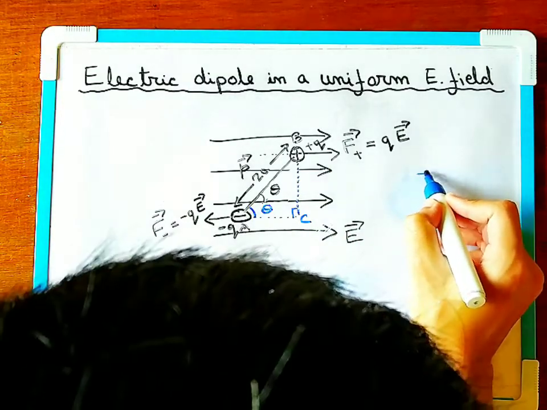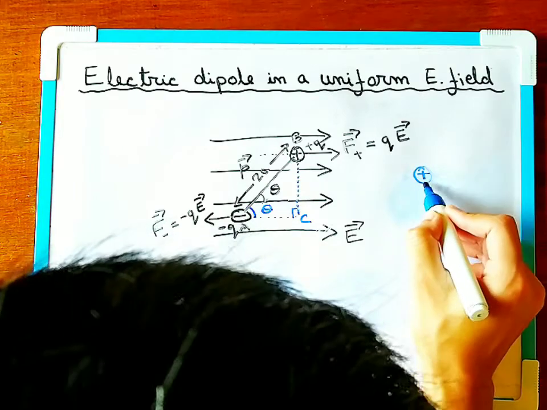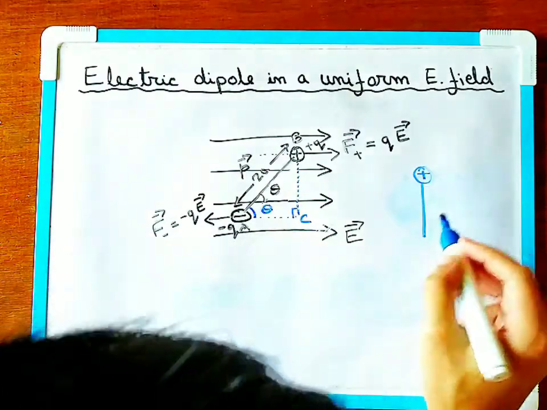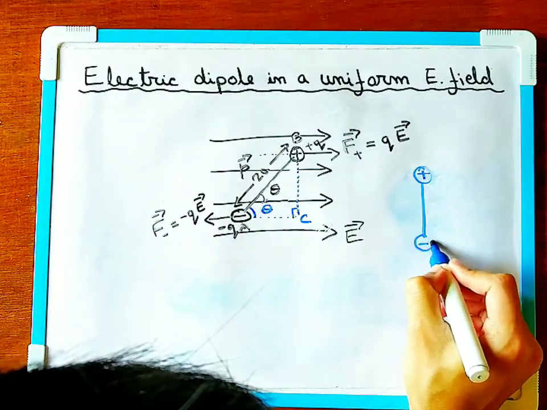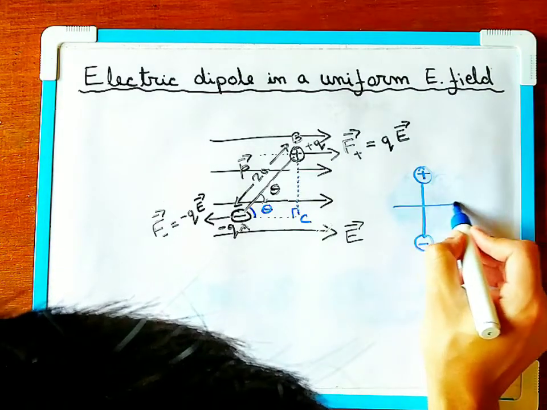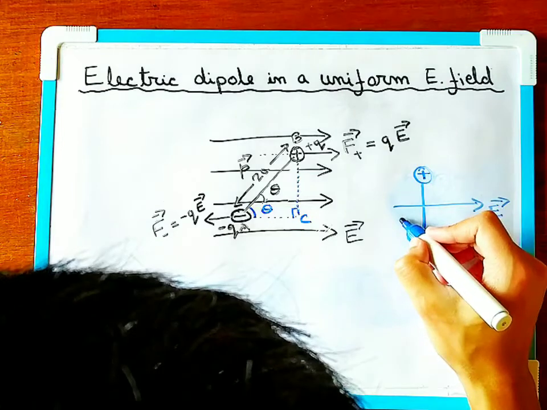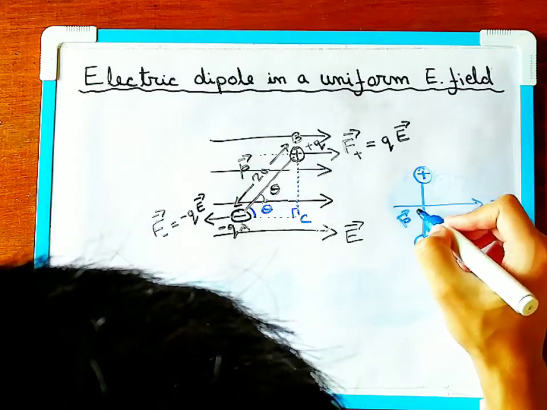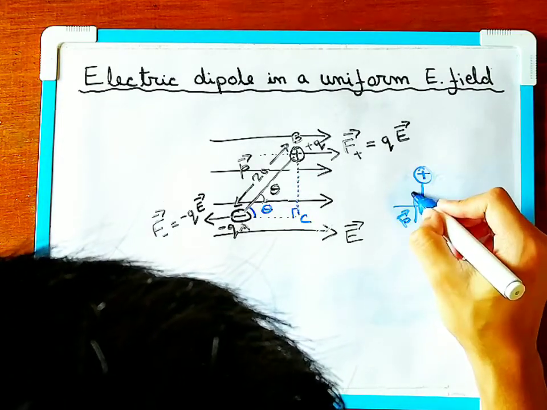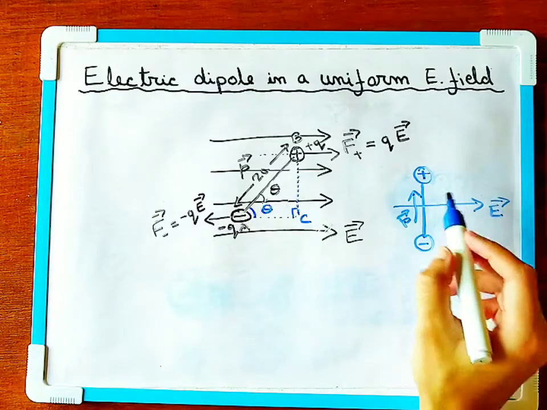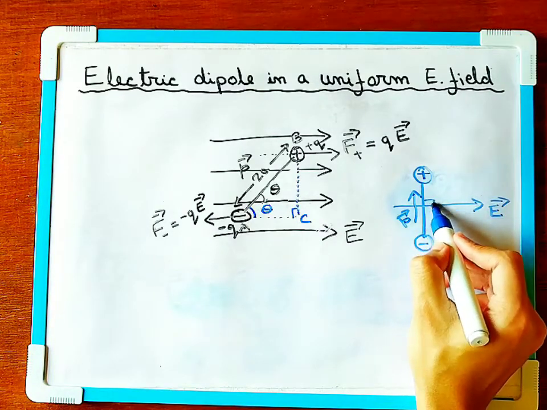If your dipole is placed in this way, and this is the direction of the electric field E vector, then your P vector will be in this direction. So here you can see the P vector makes an angle of 90 degrees.